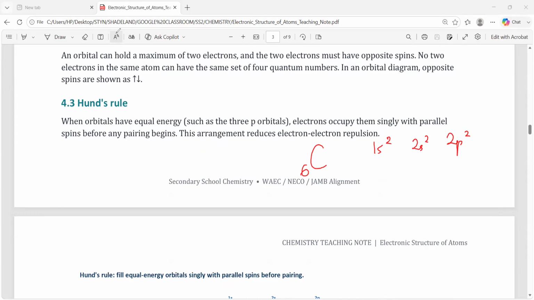Now, the s has only one orbital, remember? So 2s is also 1. But the 2p is how many? 3. So Hund's rule is saying that when you come to put electrons, this is how you put it.